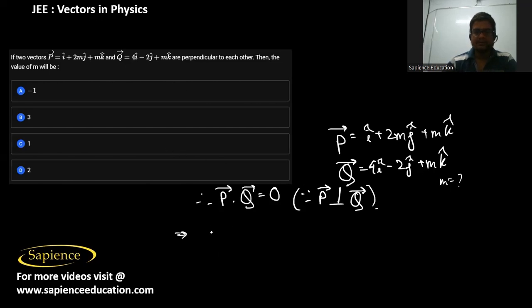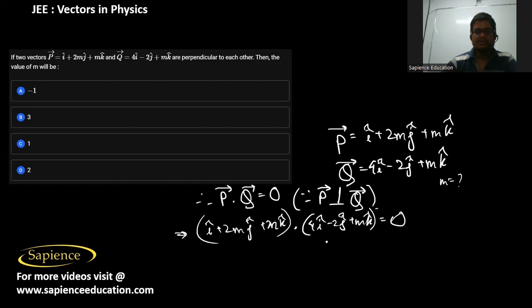So therefore this will be (i cap plus 2m j cap plus m k cap) dot (4 i cap minus 2 j cap plus m k cap), that will be equal to 0. So I can say it will be 1 into 4, so 4 plus 2m into minus 2 plus m into m, that will be equal to 0.